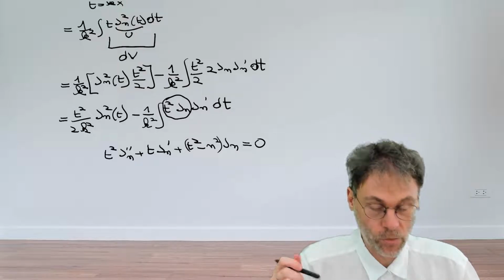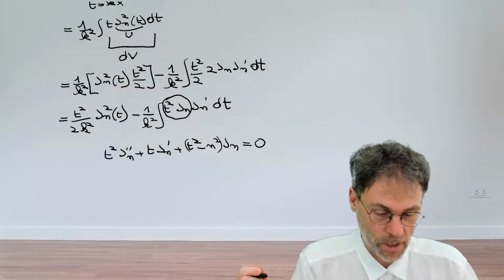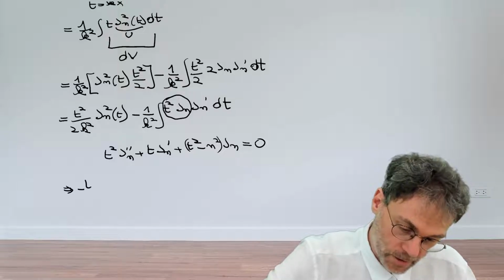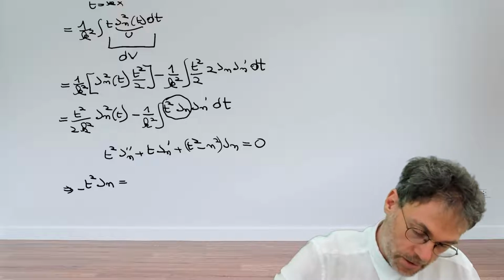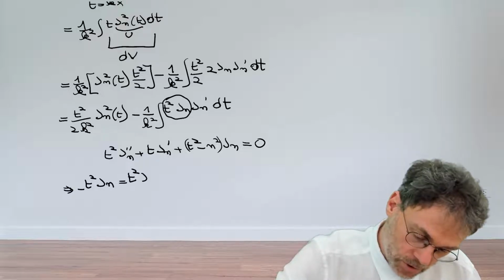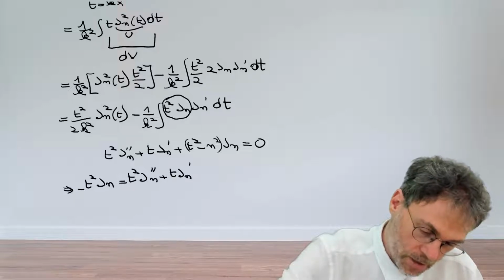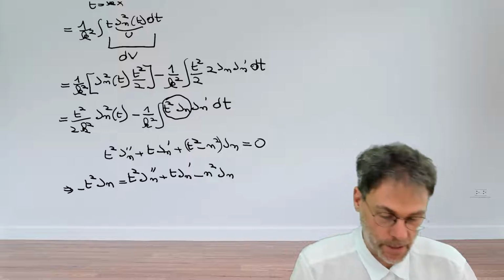But what we're going to do is, of course, factor out our t squared and bring that to the other side. So basically we have now minus t squared J_n is equal to t squared J_n double prime plus t J_n prime minus n squared J_n.